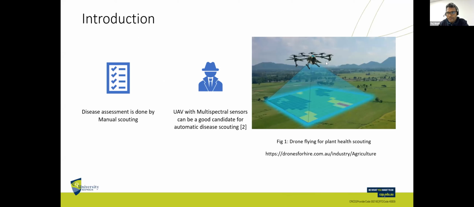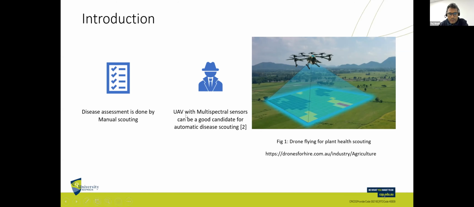The motivation behind this project is that disease assessment, if done manually, costs both labor and time. So can that be replaced with a drone or UAV having multispectral, RGB, or even hyperspectral sensors?